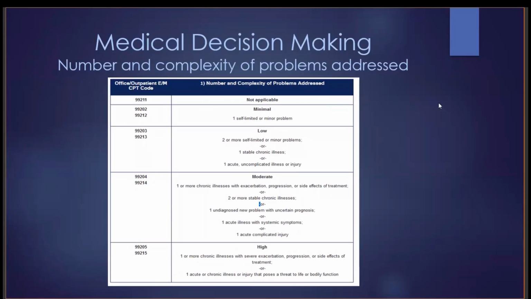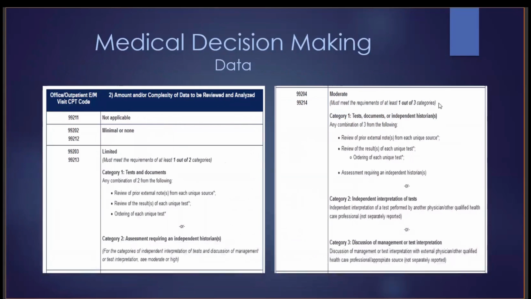For data, this is probably one of the most confusing portions of the new guidelines, is just figuring out what falls into what category for data. You'll see that for level 1 or level 2, there is really no data required.